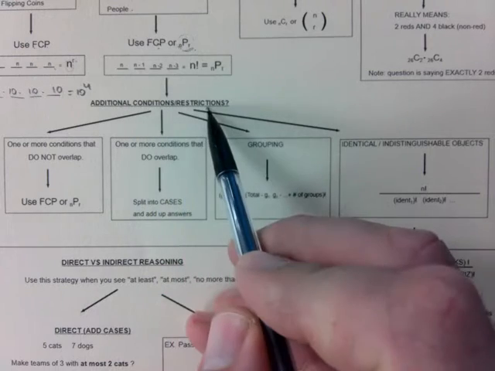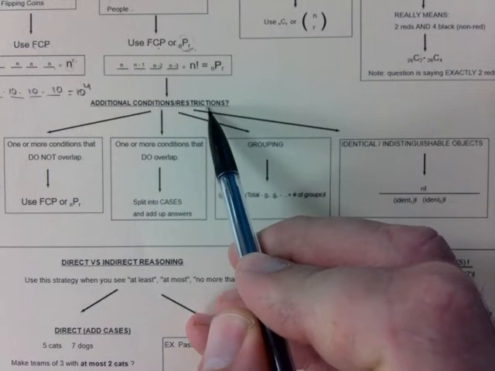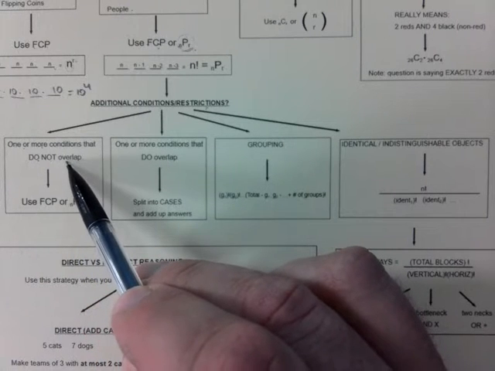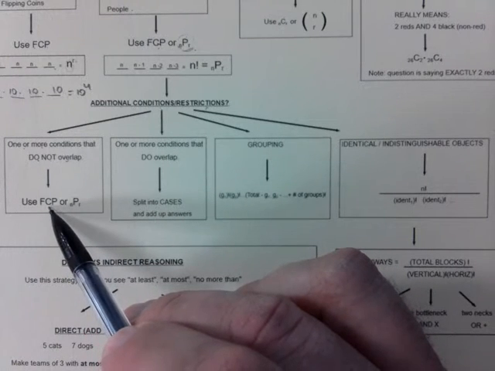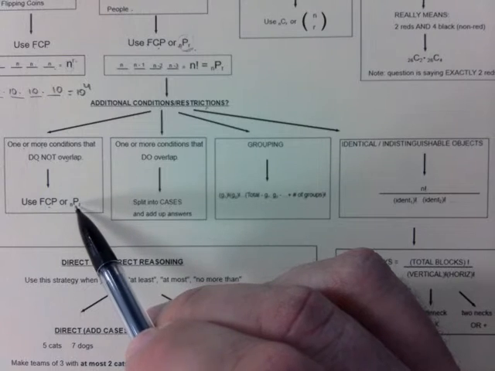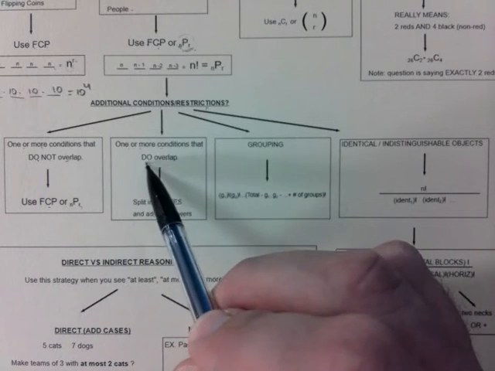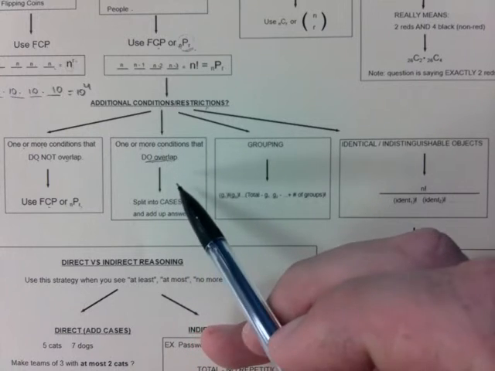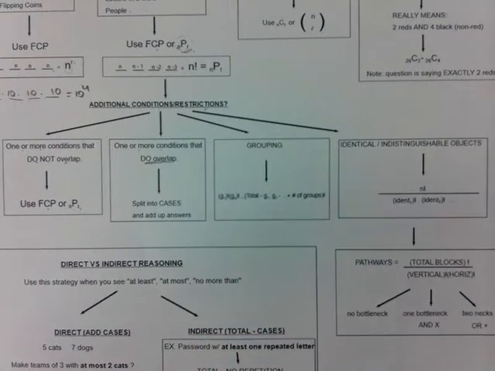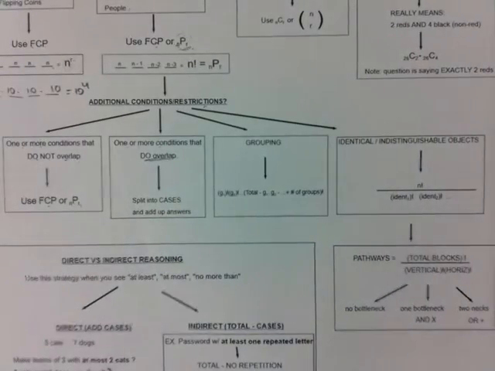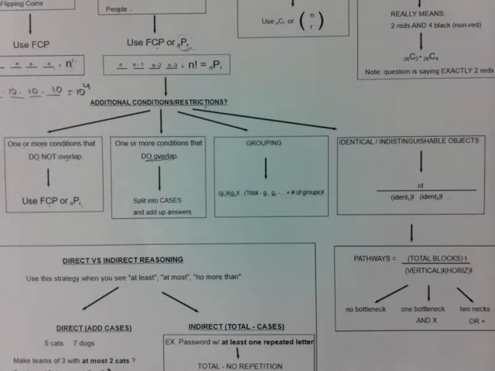So what are additional conditions or restrictions? If one or more conditions do not overlap, just use the fundamental counting principle or nPr. If one or more conditions do overlap, you're like, what do you mean overlap, Mr. Dixon? Well, remember the quiz where it had to start with an A or a B but end with a vowel?